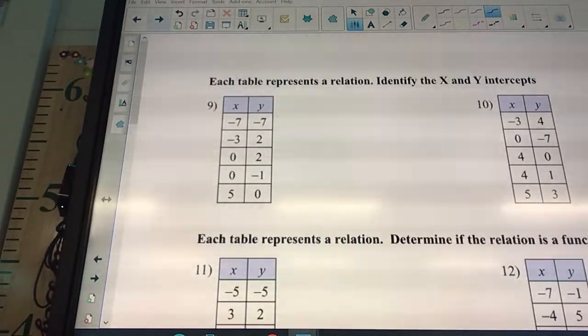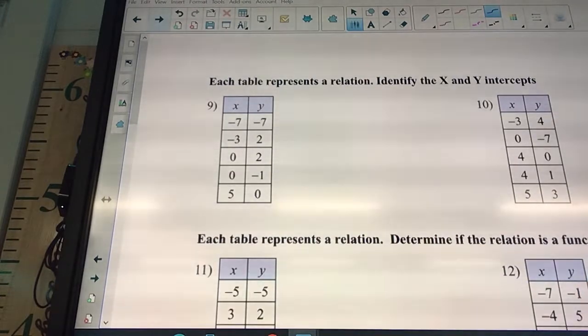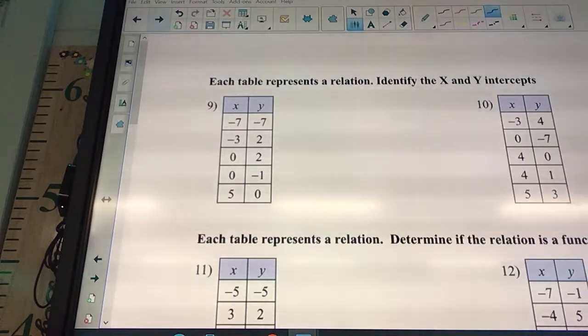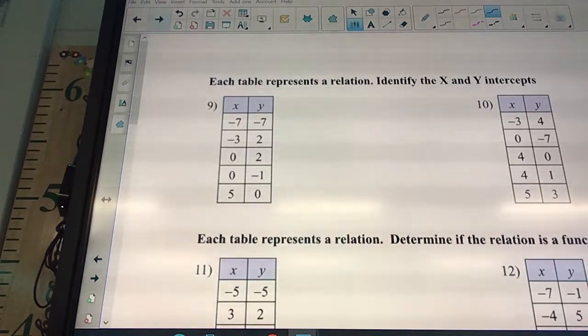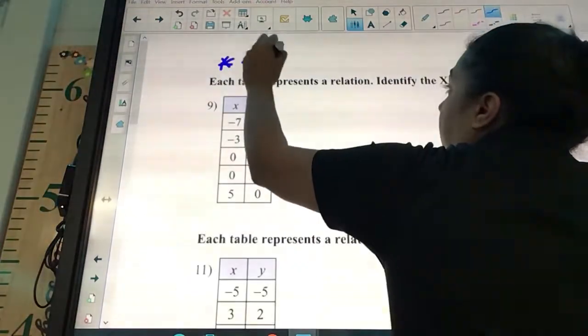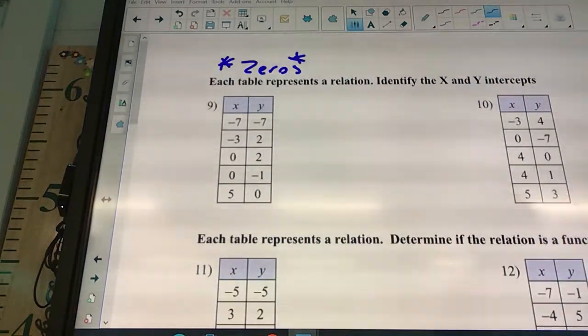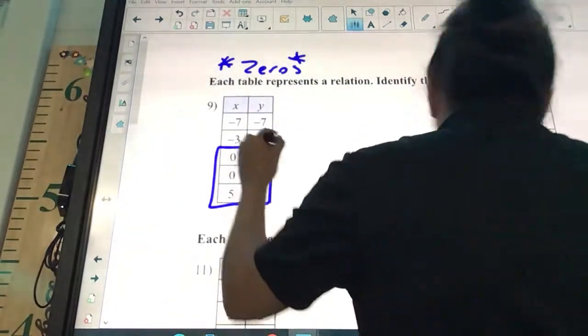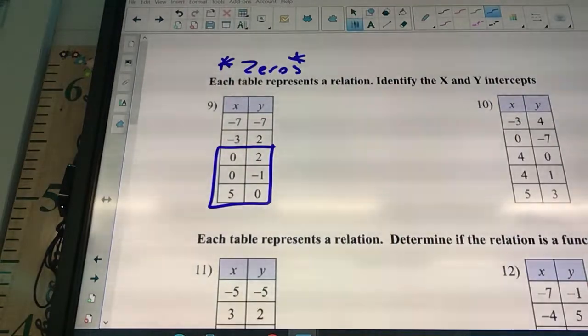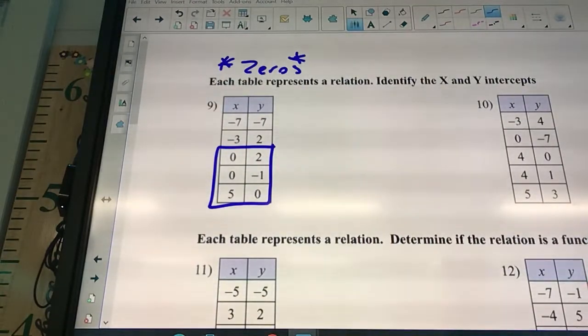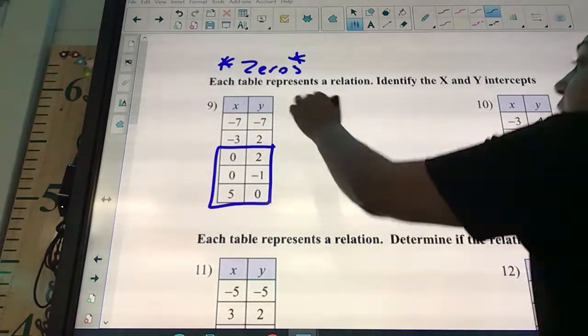Okay, identify the x and y intercepts. How do we find them? What numbers are we looking for? The zeros. Somewhere on here, better write yourself a note: the zeros. That's what we're looking for. So we have 3 sets of zeros here. Which one goes to the x?